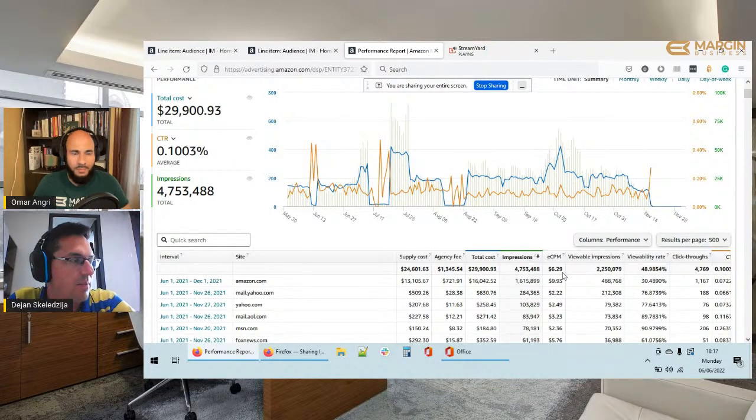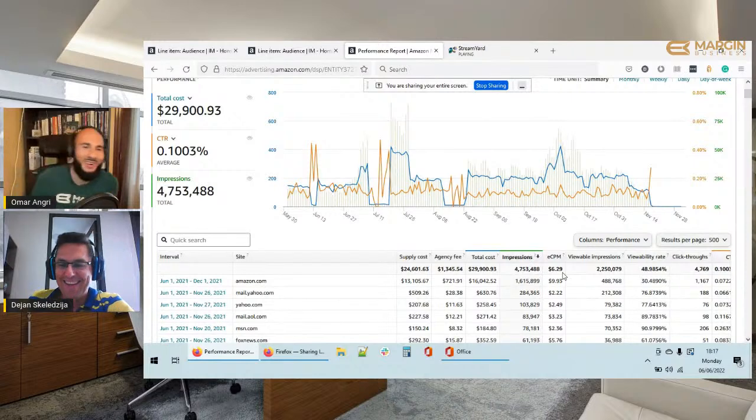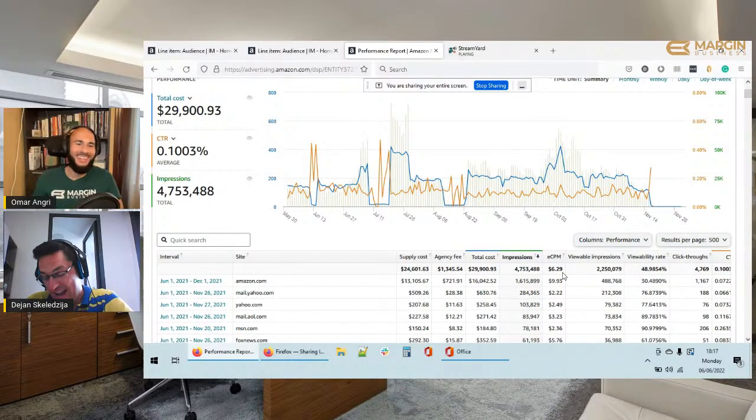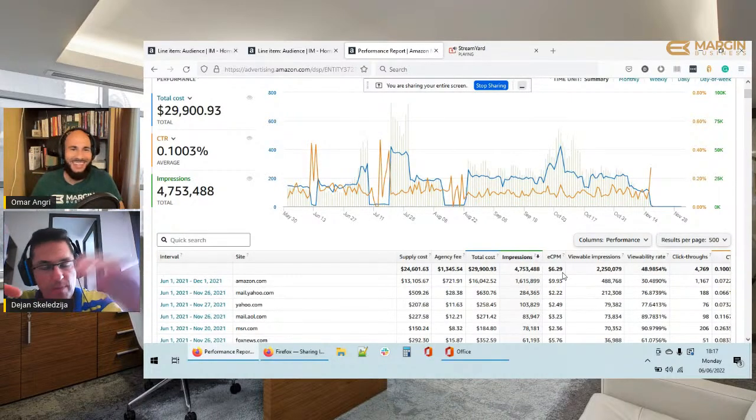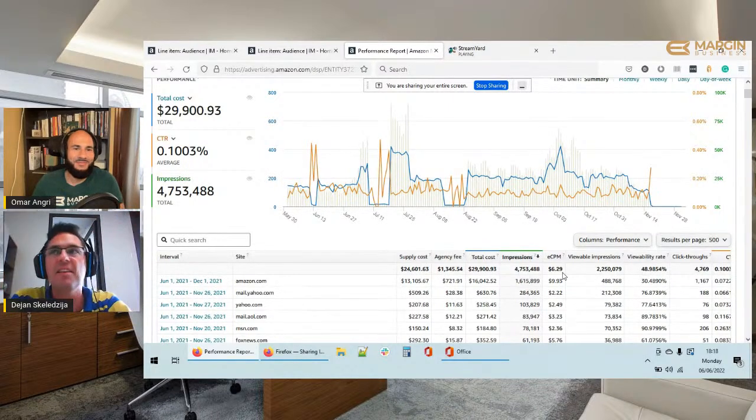You might have heard that banners are a very old, non-performing thing on the internet, which could not be further from the truth. Yeah, banners are super old, you know. I know. They sound like those people who are not very young or very old, they're in the middle, and they will say, "Ah, banners." And I will tell you, a very long time ago, we made a lot of money with banners.